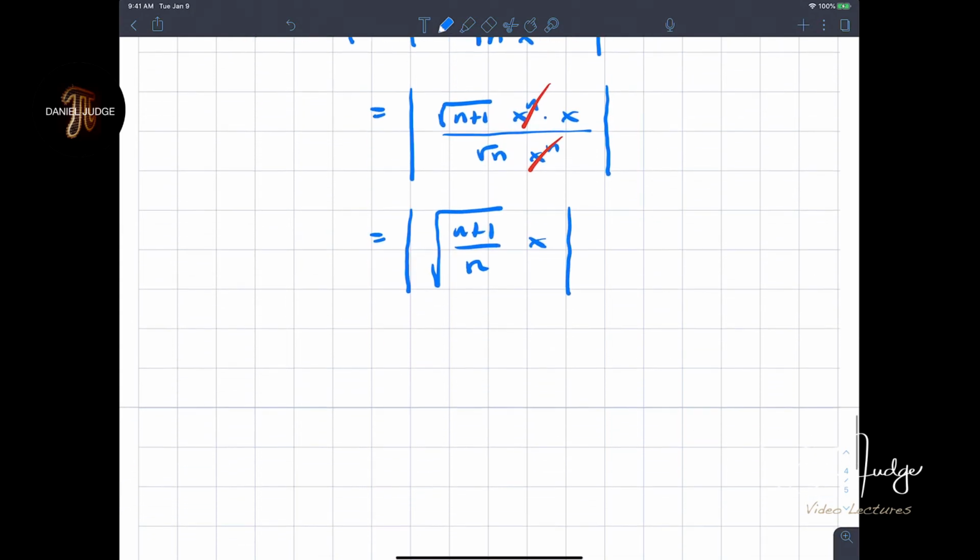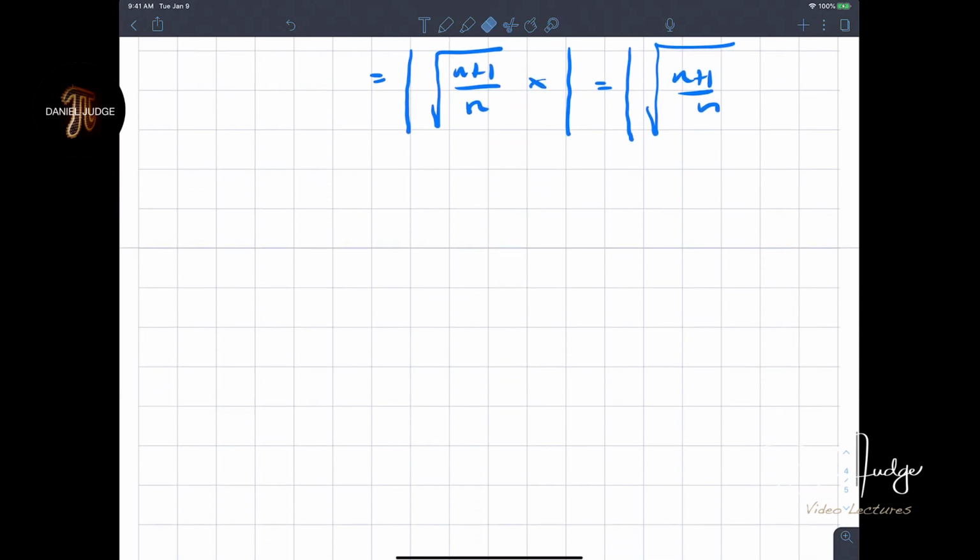And by the product rule, we have two different terms. Let's separate those.